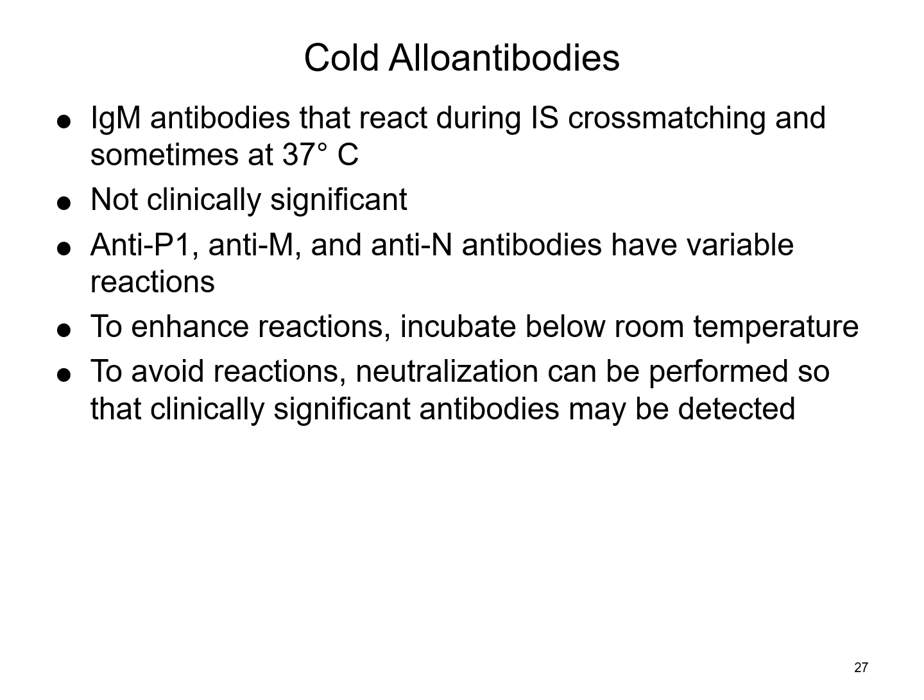You need to make sure that you give units that are negative for that. They're typically not considered clinically significant, but if you're seeing it in that AHG phase, to be on the safe side, you want to go ahead and transfuse units that are negative. Those cold alloantibodies will include your anti-P1, your anti-M, and your anti-N, and they can have variable reactions.